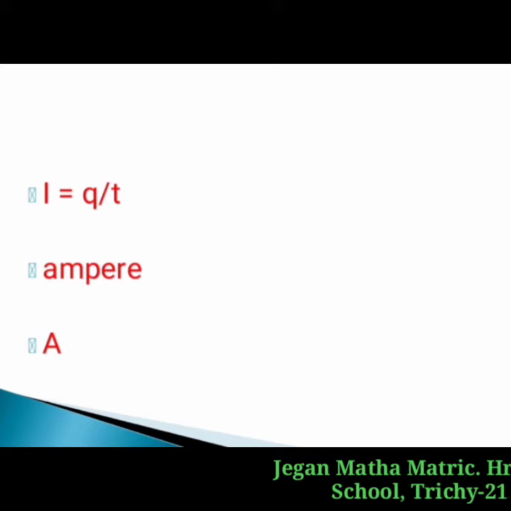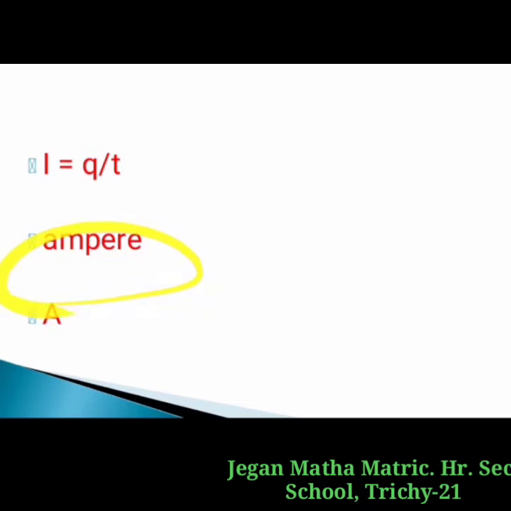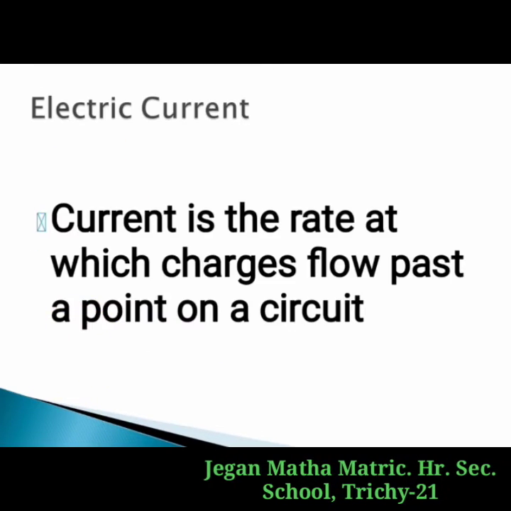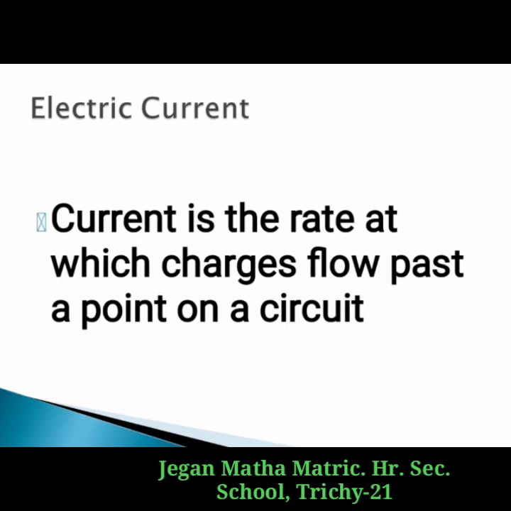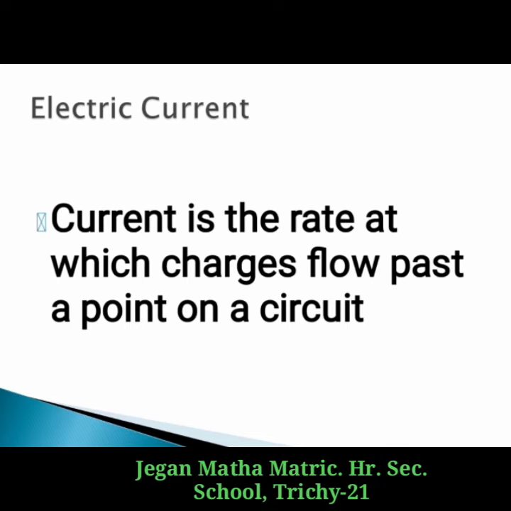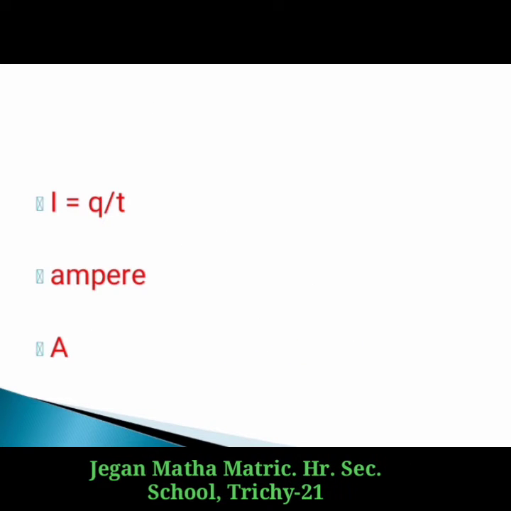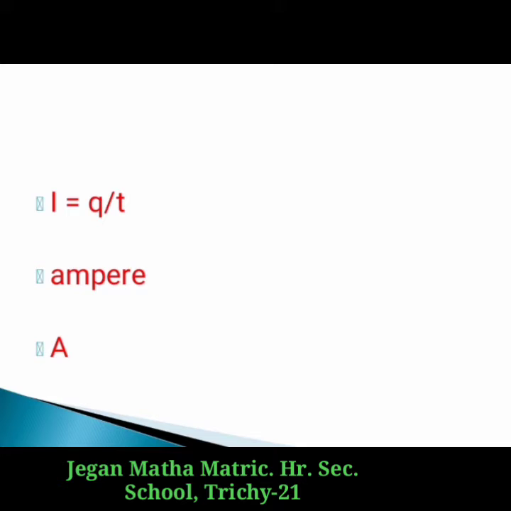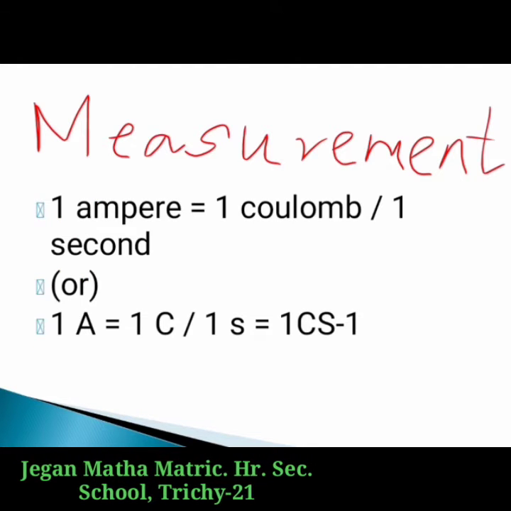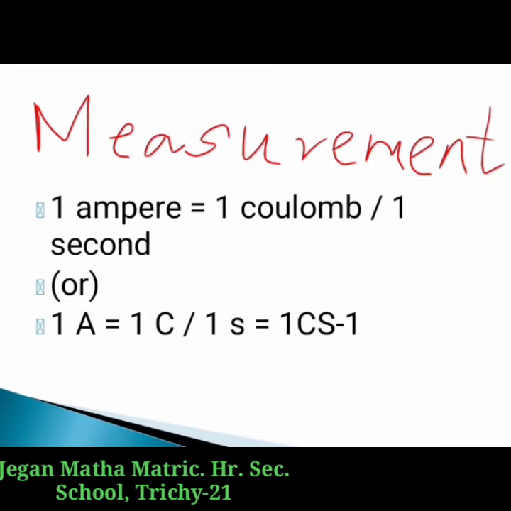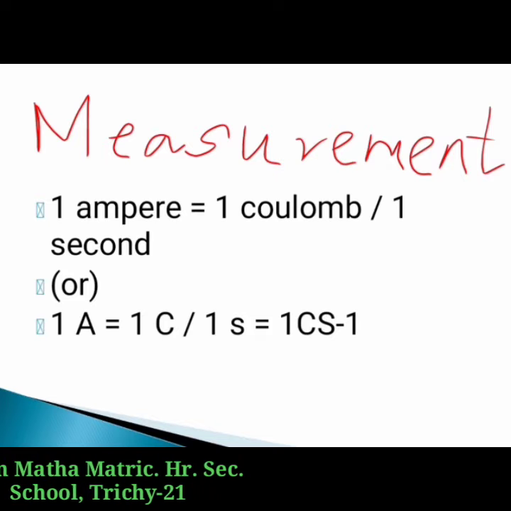The standard SI unit of current is ampere, with the symbol A. A current of 1 ampere means that there is 1 coulomb of charge passing through a cross section of a wire every 1 second.